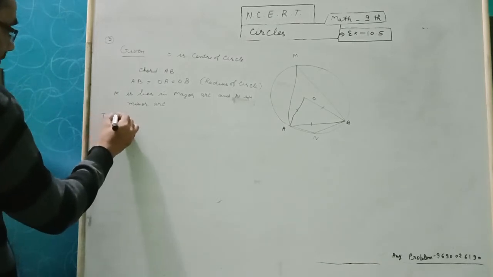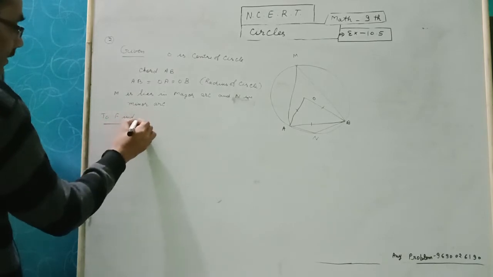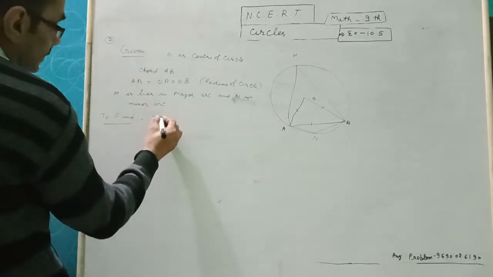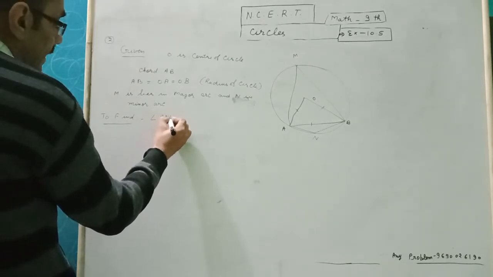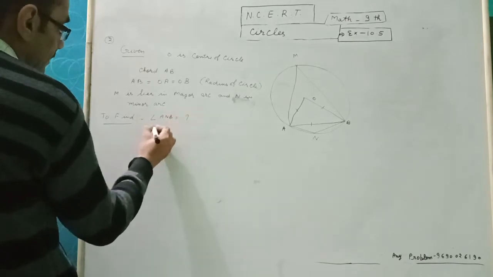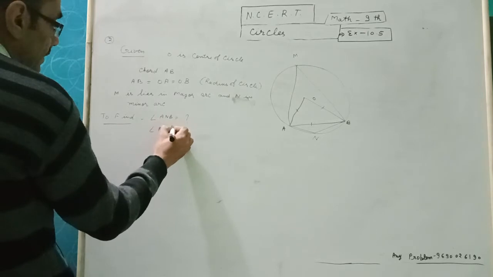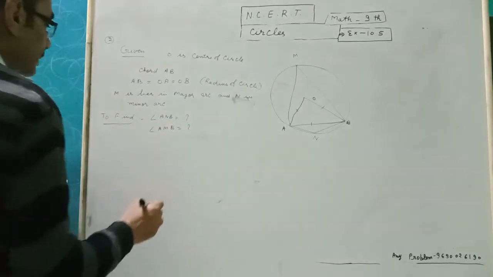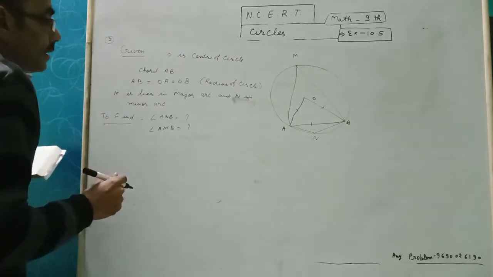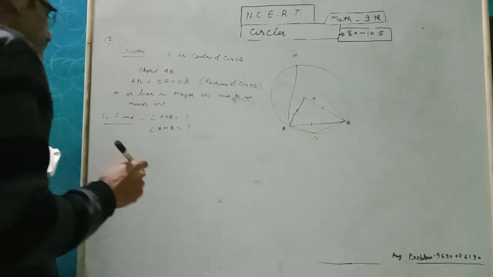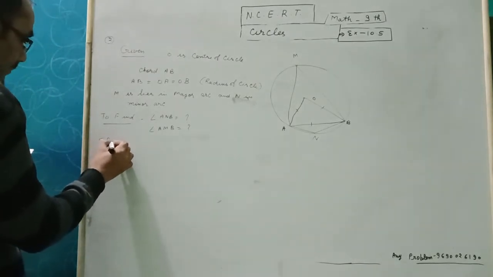To find is angle ANB and AMB. One angle lies in the minor arc, major segment, and the other is in the minor segment.